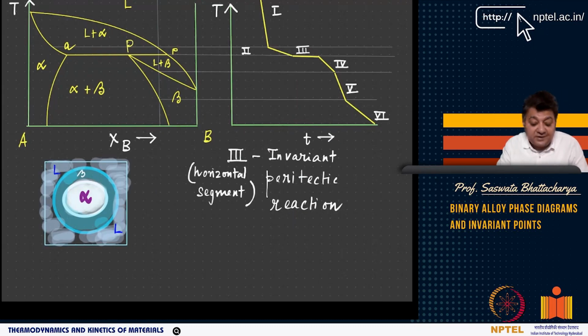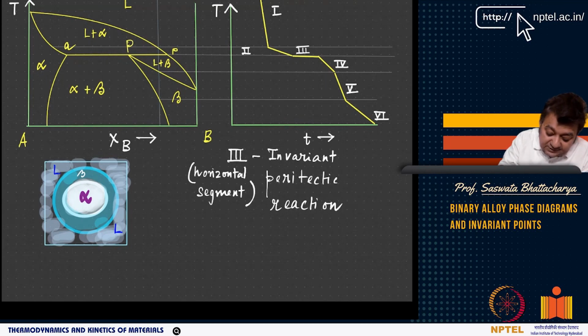So how does this peritectic reaction happen? When the peritectic reaction happens, you have L plus alpha. As you can see, this is L, the liquid that you have, and then you have this solid alpha, and what is happening is L plus alpha goes to beta.